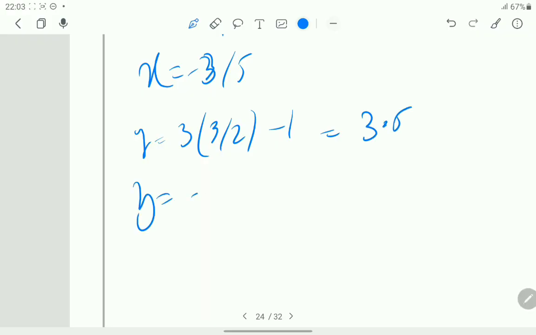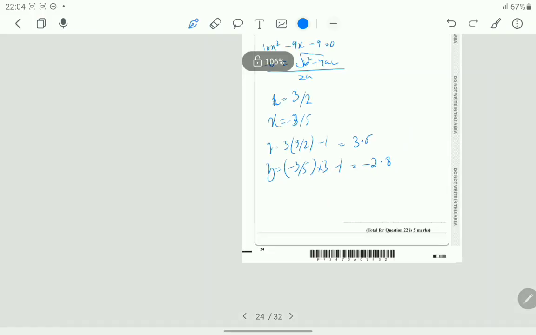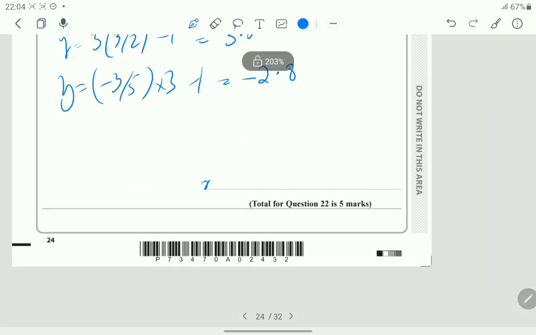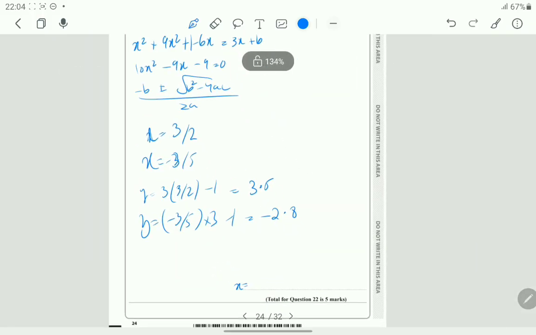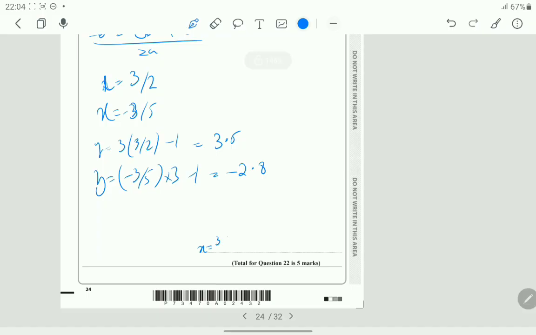3.5, and y is equal to minus 3 by 5 times 3 minus 1, which gives us minus 9 by 5 minus 1. We get minus 2.8. So yeah, x is equal to 3 by 2 and minus 3 by 5.